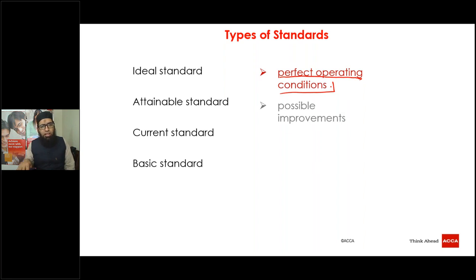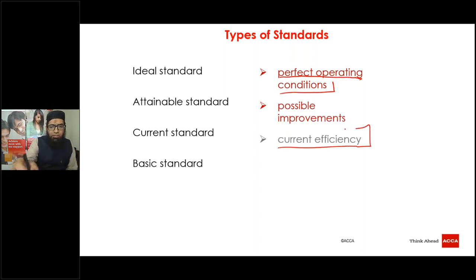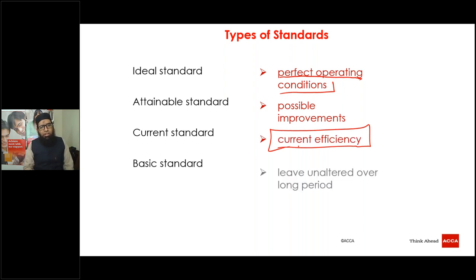The attainable standard is a standard that is set after making possible improvements. The current standard is a standard which is based on the current efficiency level. And finally, the basic standard, which is unaltered, not changed over a long period of time.